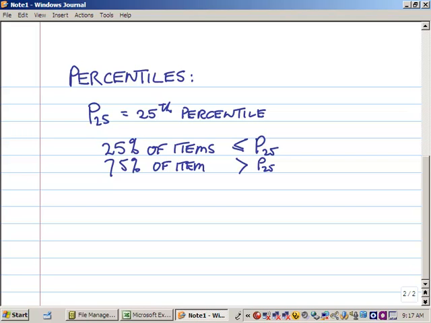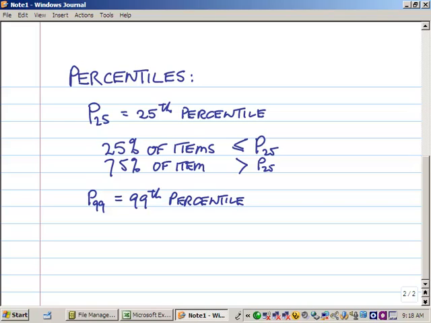So if somebody gets a score on a standardized exam like the ACT or the SAT and they get in the 25th percentile, it's not exactly a very good grade. But if you on the same exam got the 99th percentile, that is a good grade.